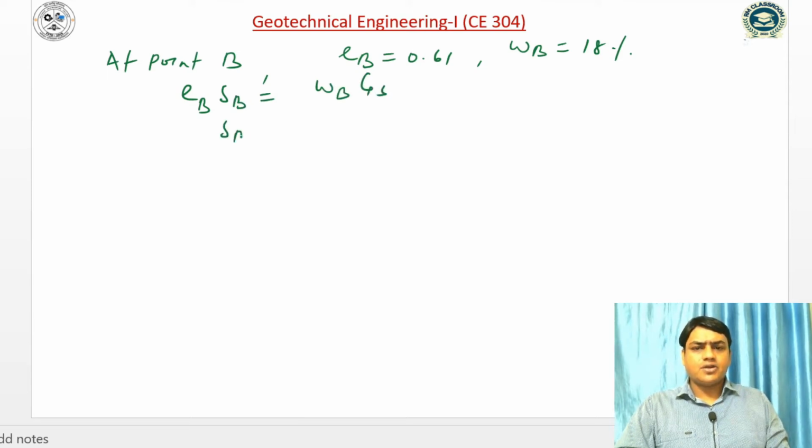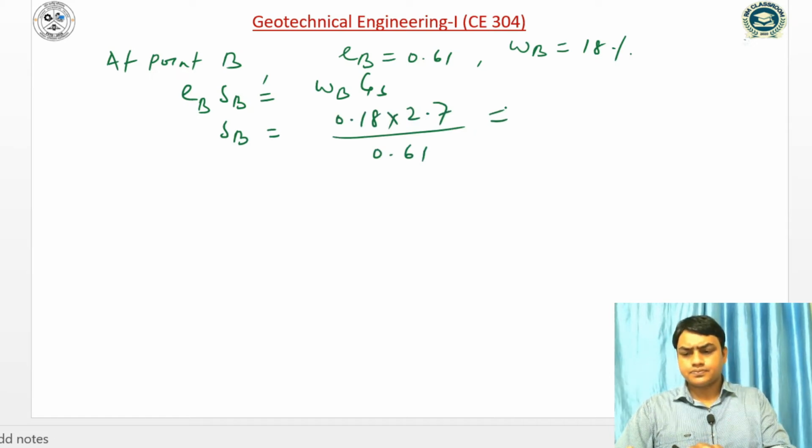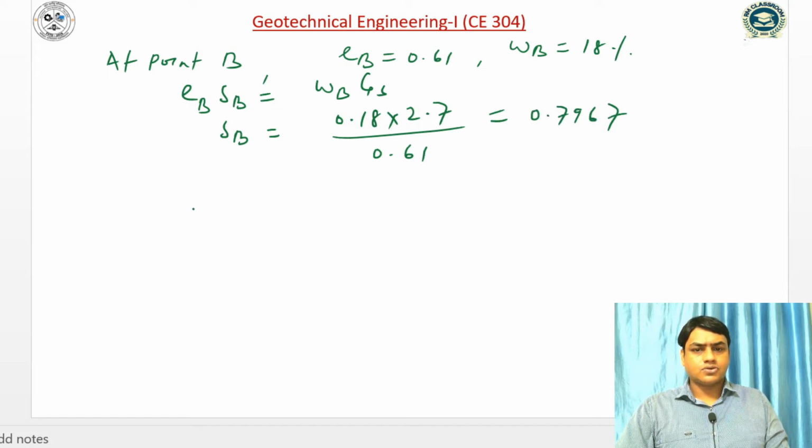So degree of saturation at B is 0.18 into 2.7 divided by 0.61, so the value is 0.7967. In percentage, the degree of saturation at point B is 79.67%.